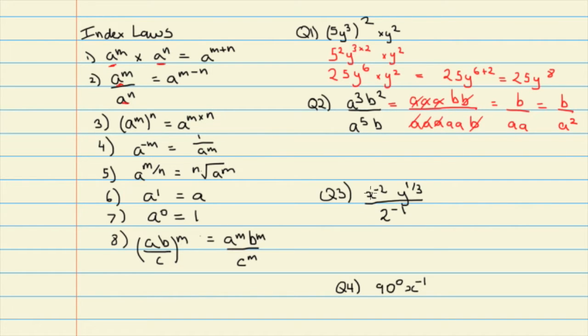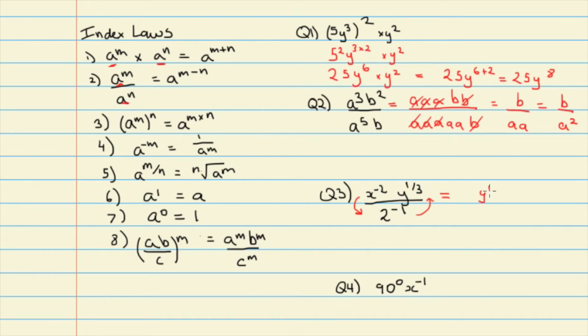Alright, for the next one we have x to the negative 2. Now if you have something to the negative, what we do is we take it to the other side of the fraction. And that's sort of implicitly implied in index law number 4. So this x squared would come to the bottom and this negative 2 would become a positive. Same with this, 2 to the negative 1 would come to the top and that negative would become a positive. Alright, so this is what I'll have.